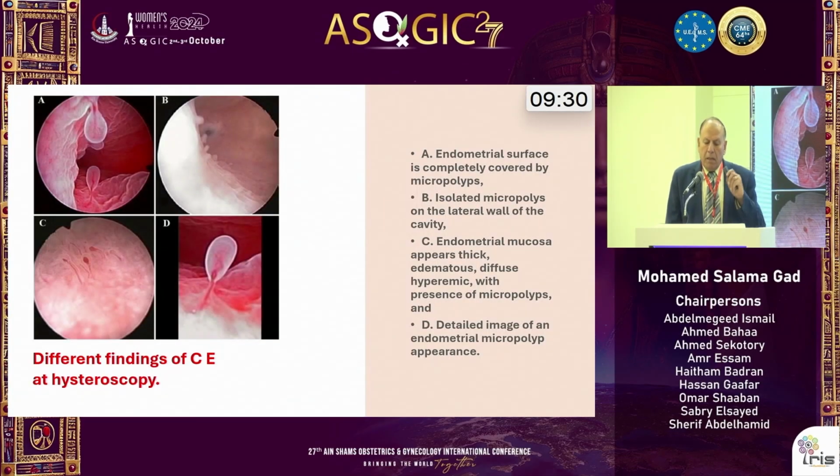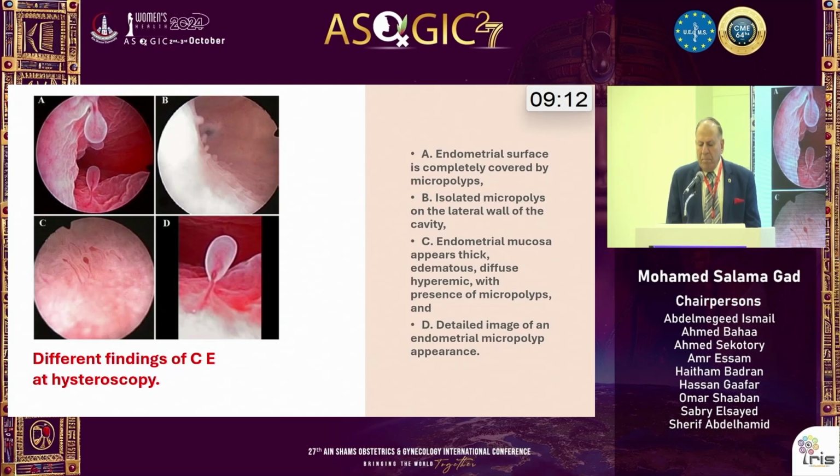But the clues for diagnosis of chronic endometritis during hysteroscopy include the endometrial surface being completely covered by micropolyps, or isolated micropolyps on the lateral wall of the cavity.